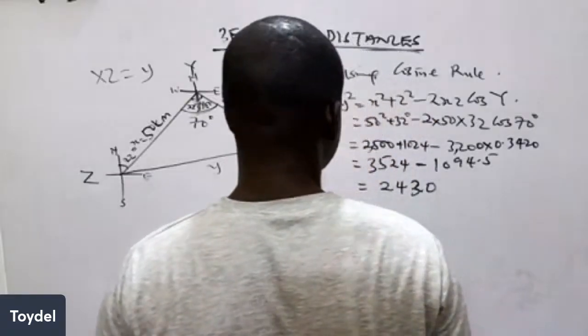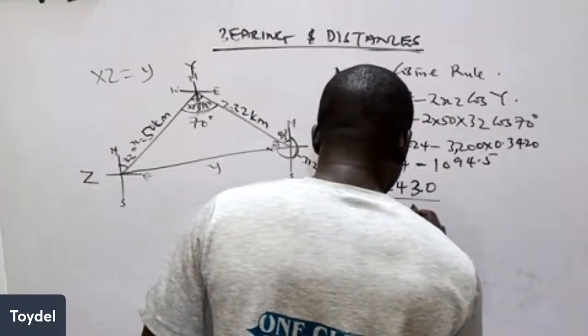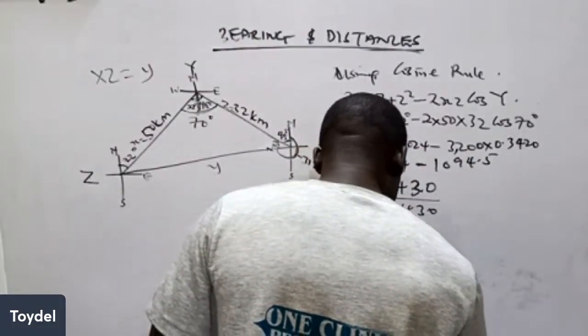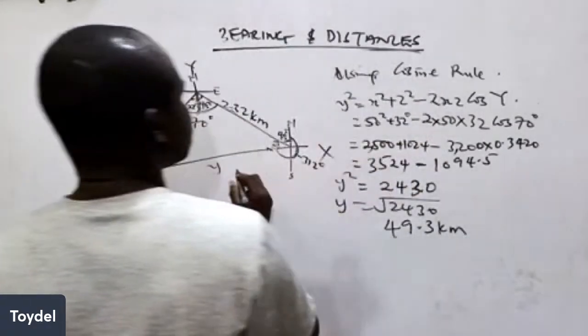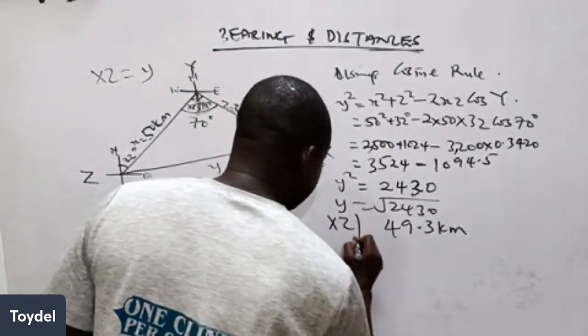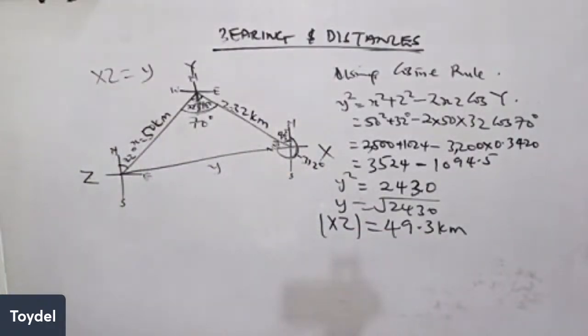That's what I'm going to have. Then y squared is 2430, so y will be the square root of 2430. If I take the square root, it gives approximately 49.3 kilometers. So invariably, side xz, which is equal to y, is approximately 49 kilometers. That's what we are going to get.